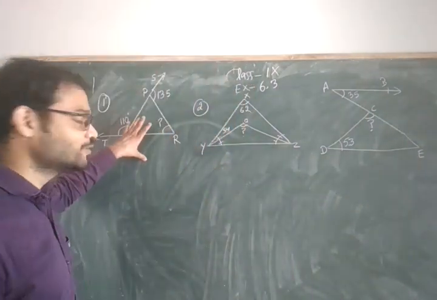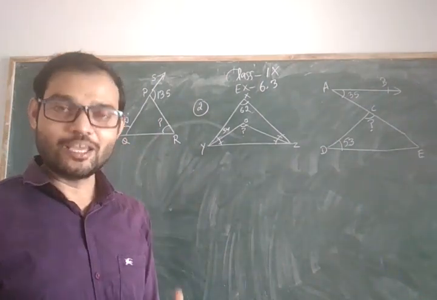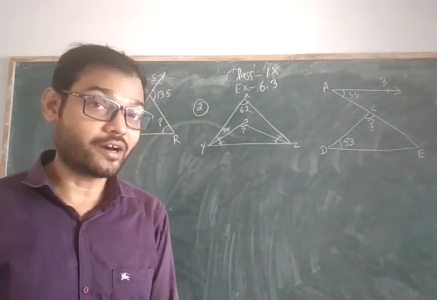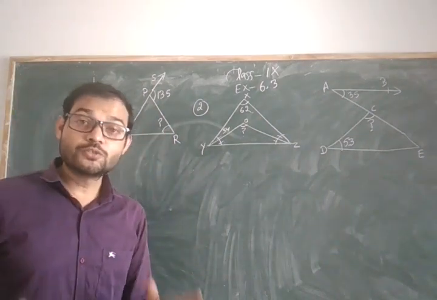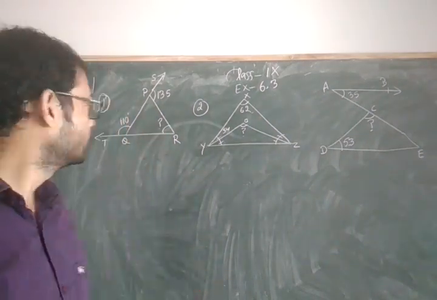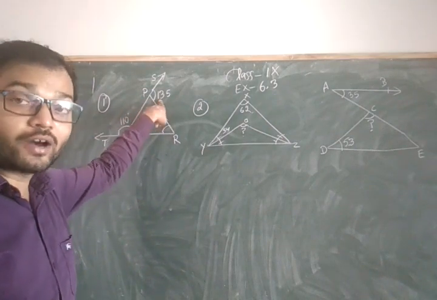As you have been given in your first question, there is a triangle and the name of the triangle is PQR. That's from your book. And you have been given two exterior angles. One is 110 and the other is 135.